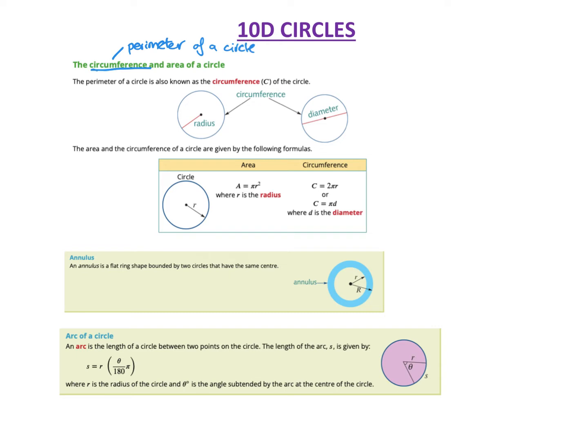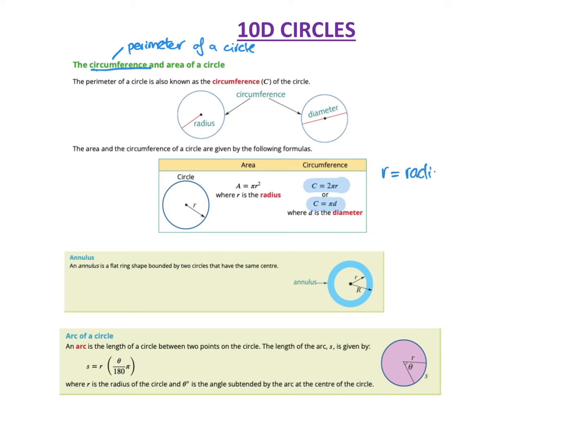So for the circumference, we've got a couple of formulas and you can see that down there. So here where they're saying C equals 2 pi times R or pi times D, those are the two different formulas, where R is the radius.